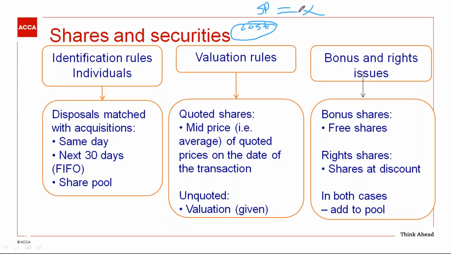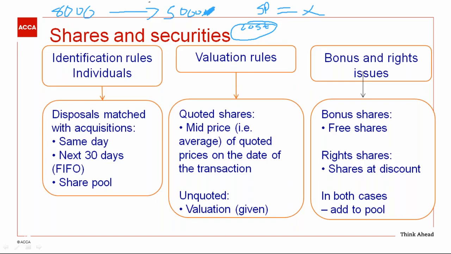What is the practical difficulty that you face here? You may have bought these shares on different dates, during different time periods, paying different prices. Now assume you have sold 5,000 shares out of the 8,000 shares that you are having. A question arises: what is the cost attributable to these 5,000 shares?